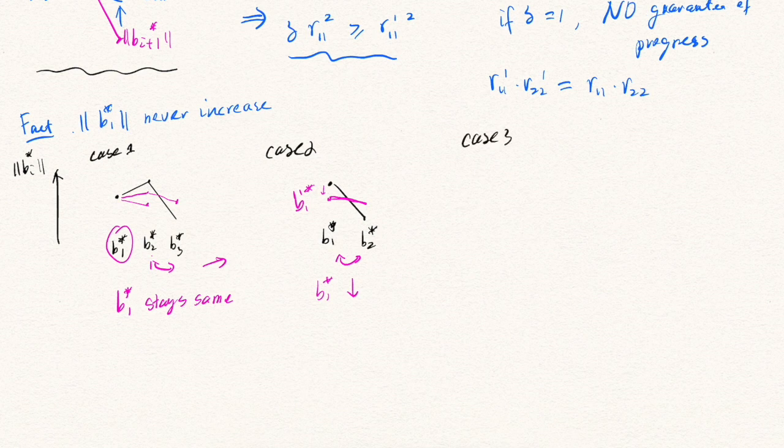And let's consider case 3, where B1 star is not dropping, slightly dropping, or even the same, but there is a sharp drop between B2 and B3.